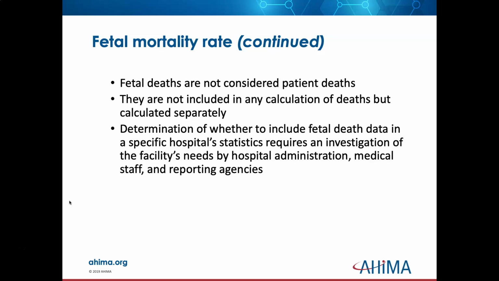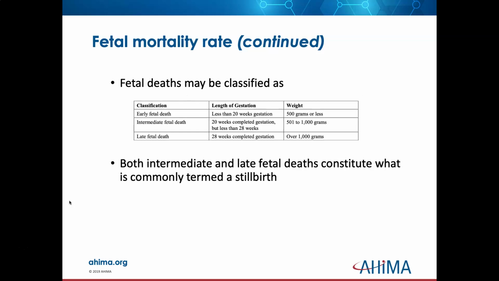And interestingly enough, in most cases, a stillborn child's medical record is included in the mom's record. It doesn't have a record of its own. The baby doesn't. There are 3 different classifications for fetal deaths. There's early, intermediate, and late. And it's based on the weight of the baby as well as the length of gestation.